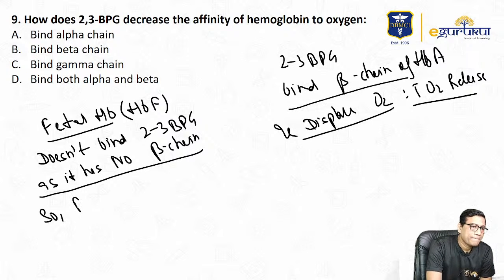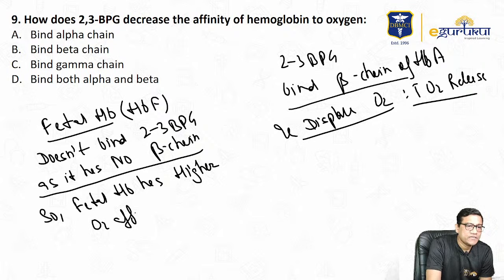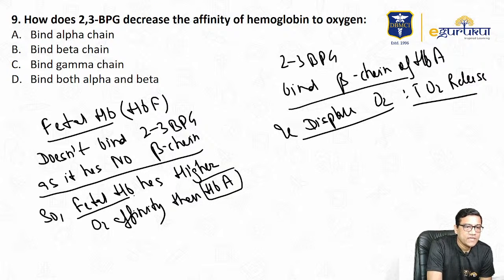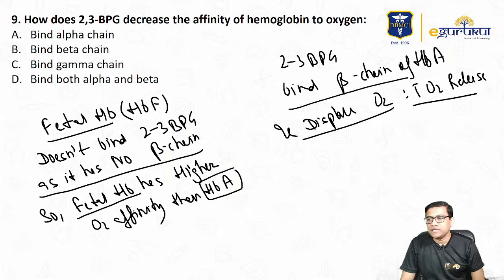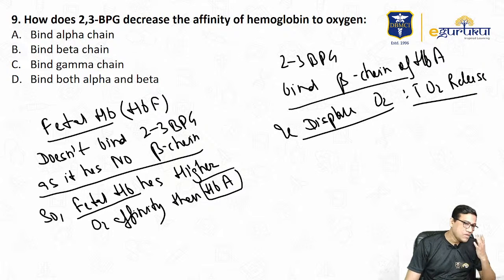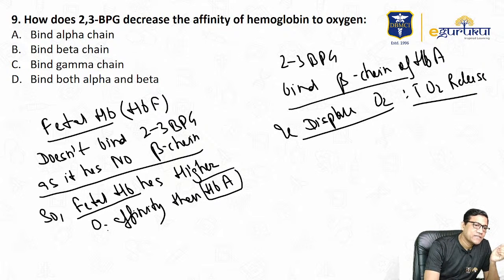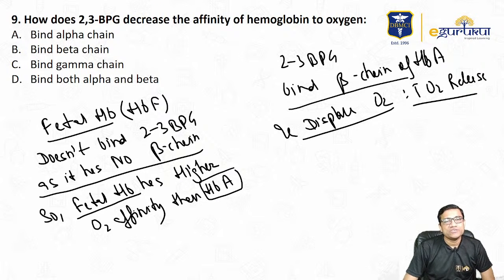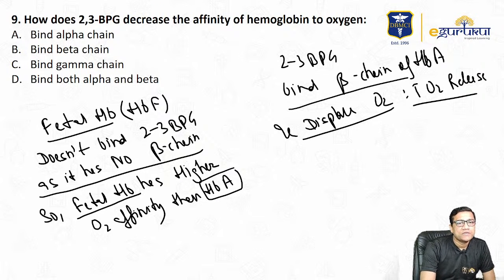So fetal hemoglobin has higher oxygen affinity than HbA. So once again, fetal hemoglobin has higher oxygen affinity than HbA. So clear now?